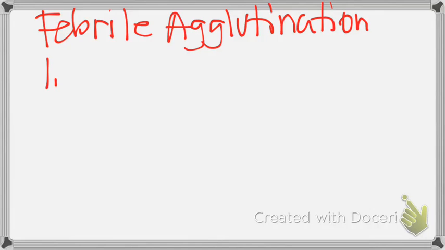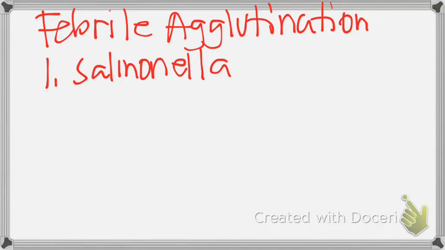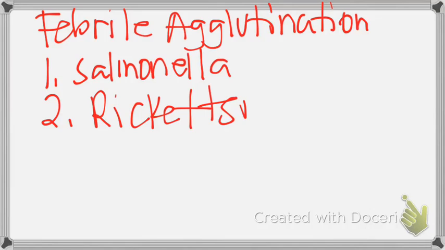So if you could recall, this would include Salmonella, which could cause typhoid fever and could be diagnosed using the Widal test. The Widal test is not usually being done nowadays. Then the second one would be Rickettsia, which could cause typhus fever, diagnosed using the Weil-Felix test.